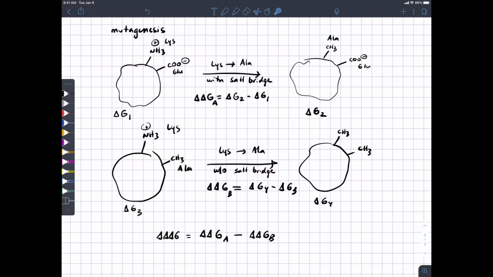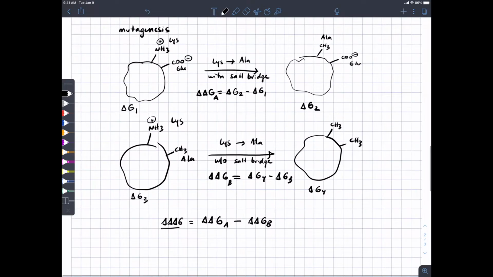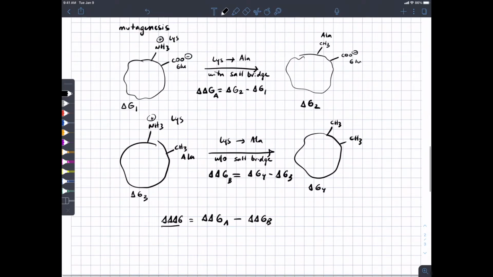Okay. This gets ridiculous, right? With all of the deltas, we start to look like we're trying to start some sorority or fraternity or something like that. But this will tell you the strength of the interaction that you're interested in.